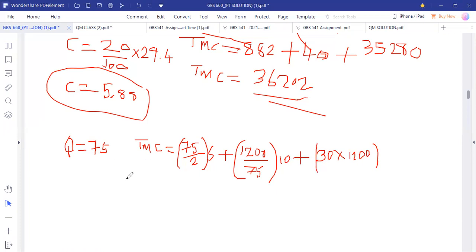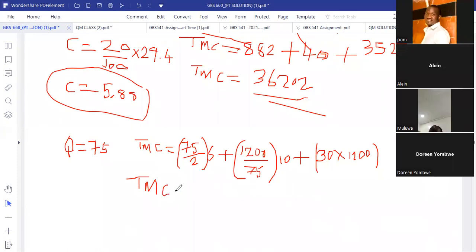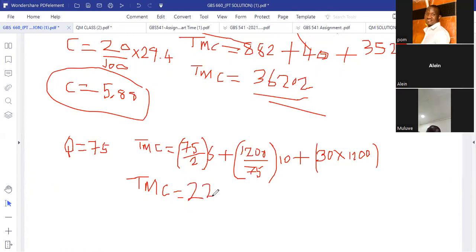So our total material cost when we are buying 75 boxes, we have the annual carrying cost. The annual carrying cost will be 75 divided by 2 multiplied by 6. I'm just trying to explain where the figures are coming from. So the 225 here is already there.